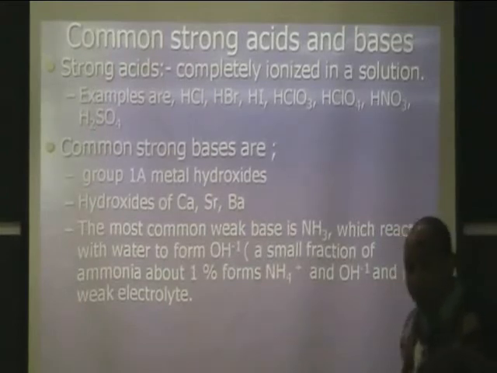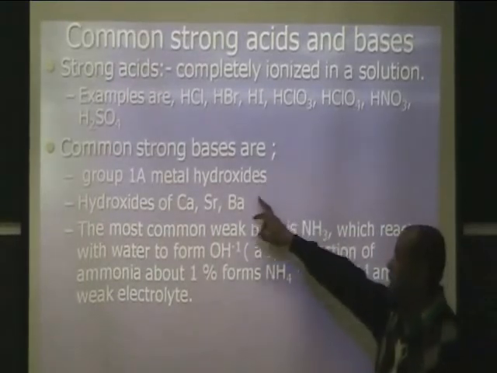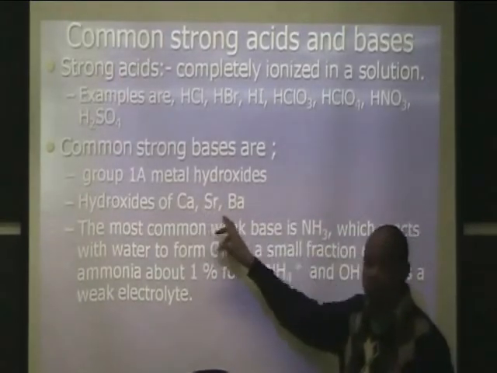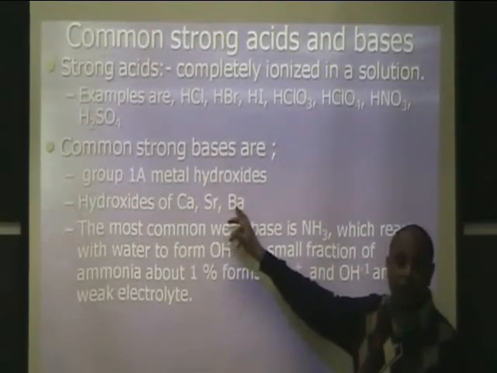When you say group 1A metal hydroxide, it's like LiOH? Yes, for example NaOH, LiOH. With the OH, yes. They are strong electrolytes. In addition to group 1A metal hydroxides, also some of group 2, unfortunately: calcium, strontium and barium, not all of them.